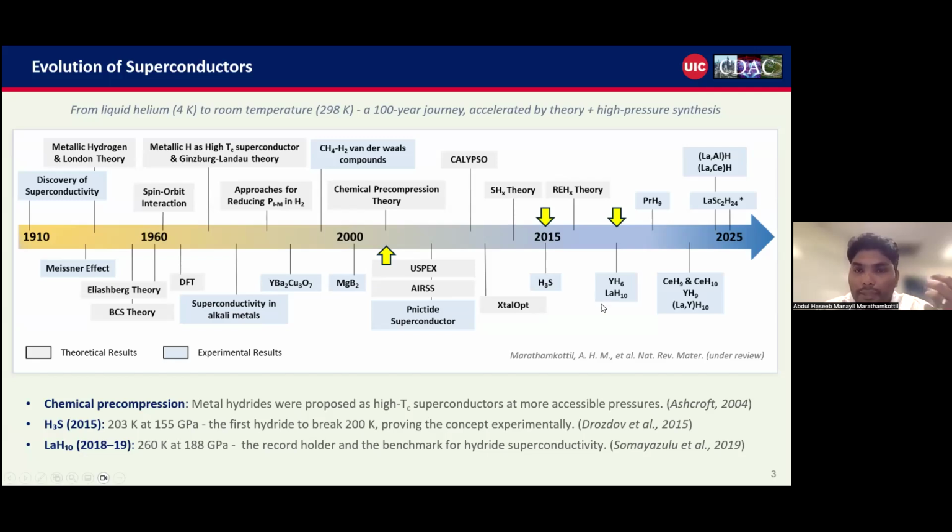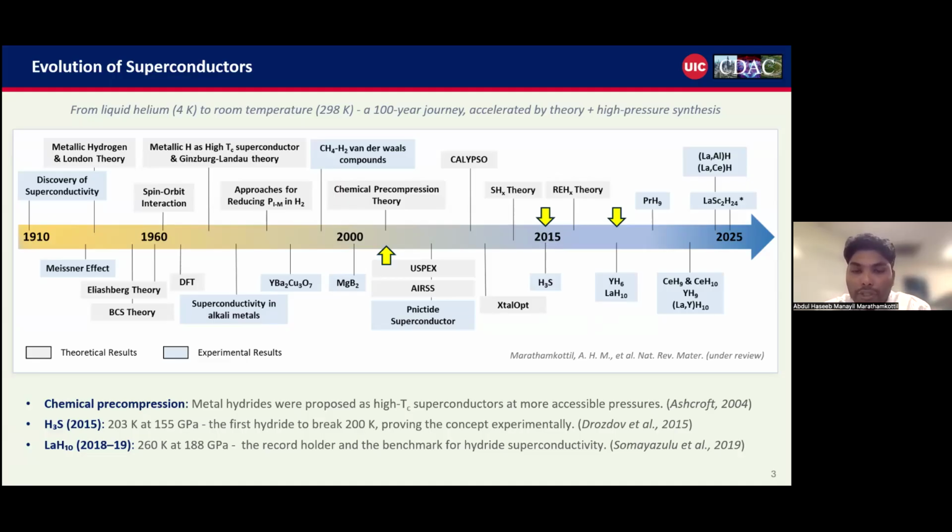Then in 2018, LaH10 reached 260 Kelvin at 188 GPa, the highest reproducible Tc ever measured, and the benchmark that defines the modern field. And after 2020, you can see the scatter plot explode here. That is the ternary hydride era, which we will come back to.